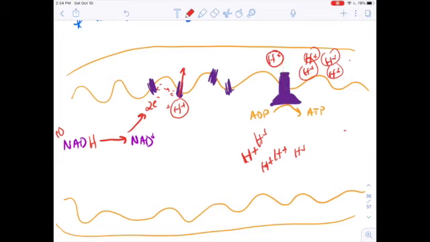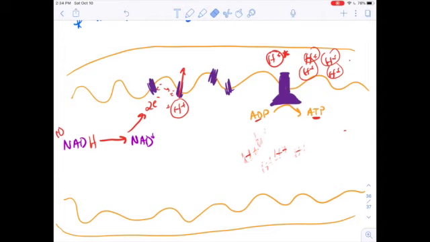ATP synthase is like, hey, come on, y'all, let's do this. Can a few more of you move through so that I can make some more ATP for this cell, because we kind of need it here? And the protons are like, we're kind of stuck. We can't do anything. And the cell's like, wouldn't it be great if we could somehow get rid of all of these hydrogens down here?